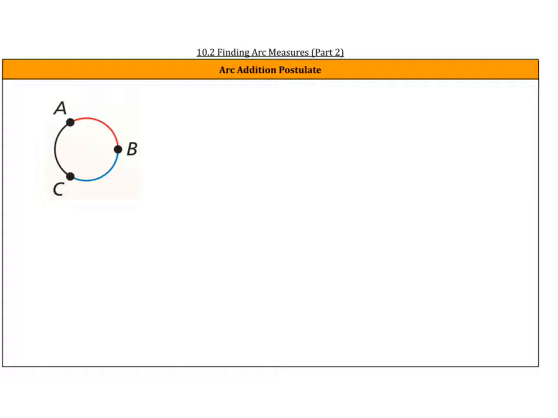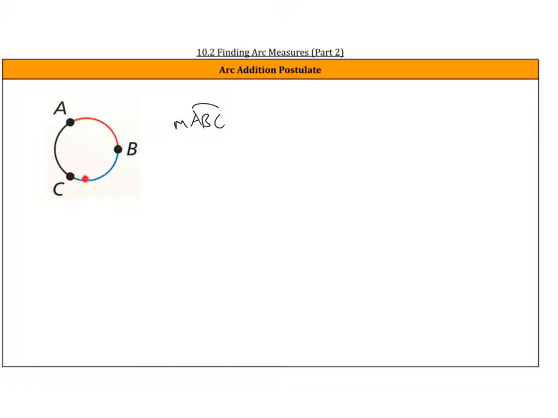So in the picture here, we have arc ABC, and if we wanted to find the measure of arc ABC, keep in mind that when we name these arcs, if I am referring to a much larger arc or a major arc, I do need to use a third point, so that's why I'm calling this one ABC.